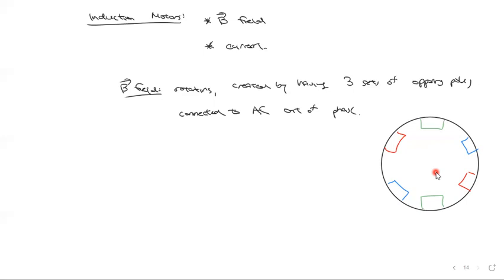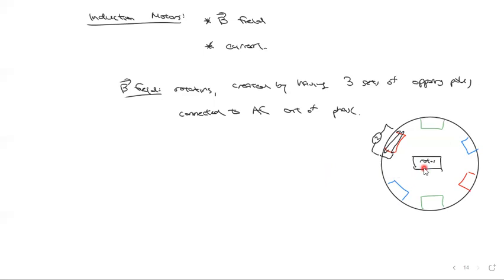And how do they create a magnetic field? Well, it's your trusty AC connected to each set. Each set will have wires connected to it, and that will create that. Now, your current is then in your rotor.